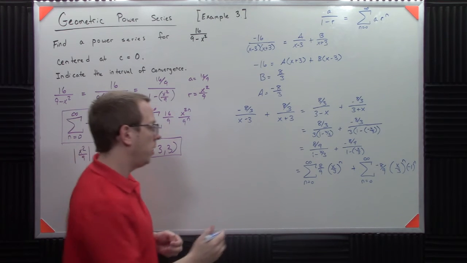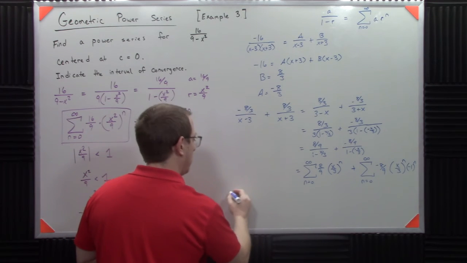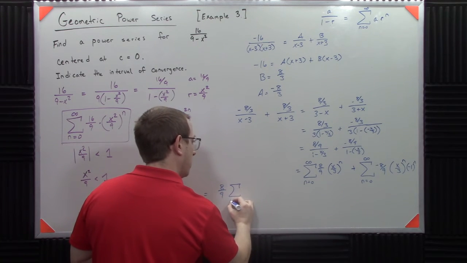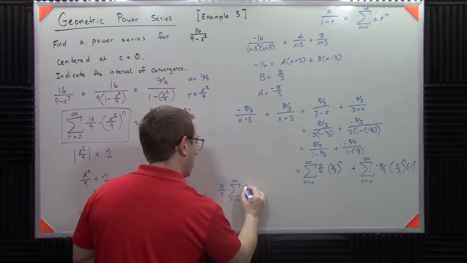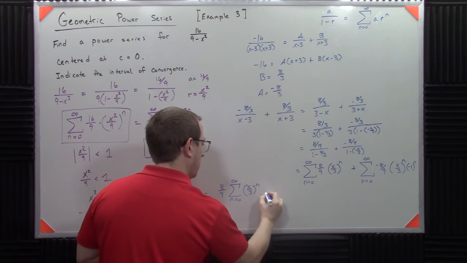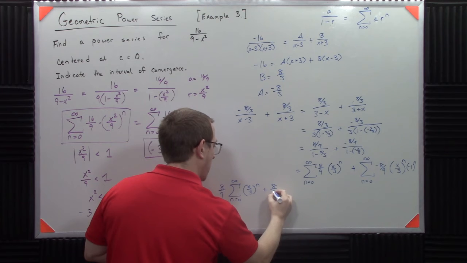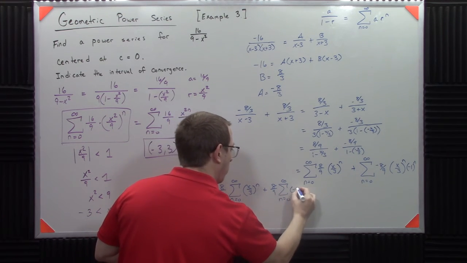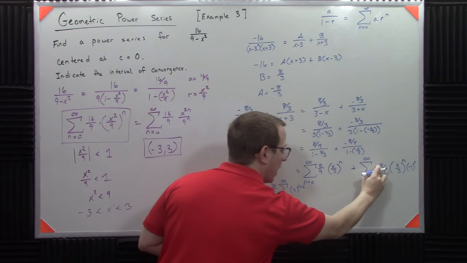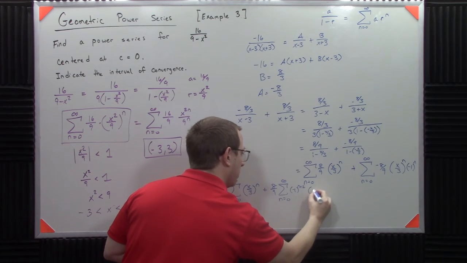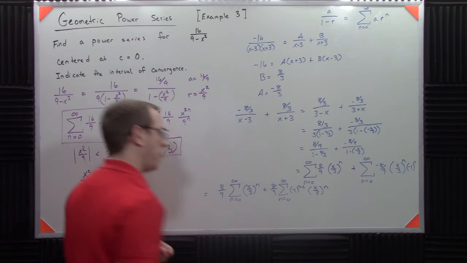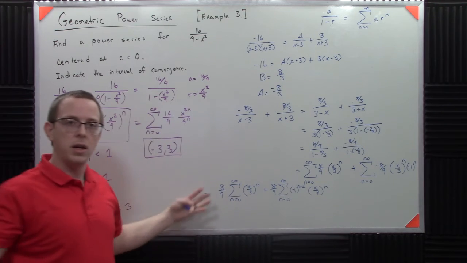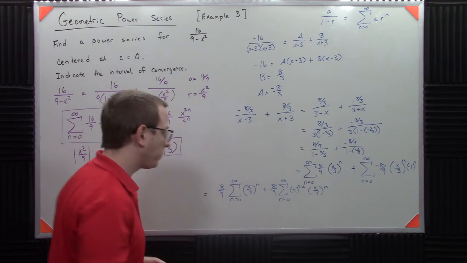All right, so then I can say this is 8/9, n equals 0 to infinity, (x over 3) to the n, plus 8/9, n equals 0 to infinity, negative 1 to the n plus 1, because I get that negative plus that, times (x over 3) to the n. So now notice I have these two series, and I can combine them.